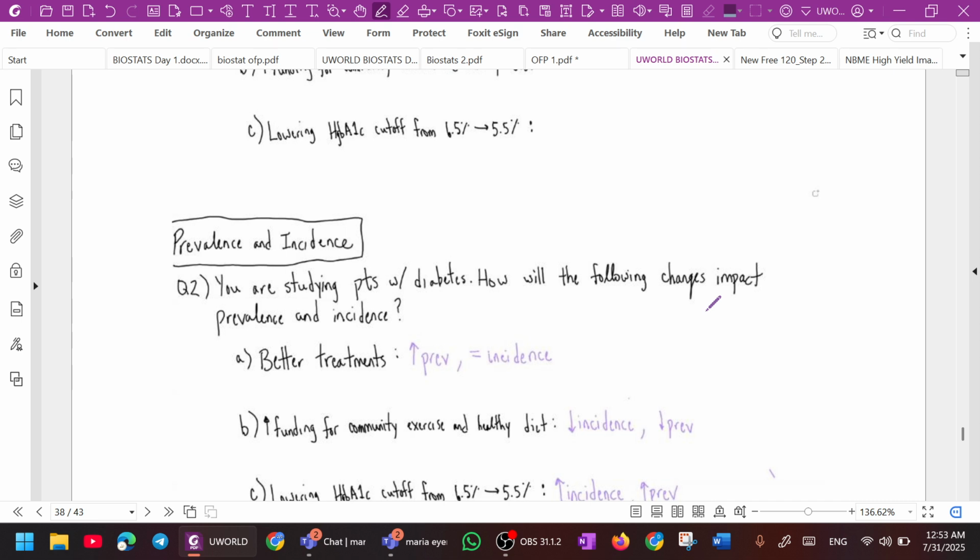Lowering the cutoff value from 6 point something to 5, it will increase the incidence and increase the prevalence. Okay, does it make sense? Yes, it makes sense.